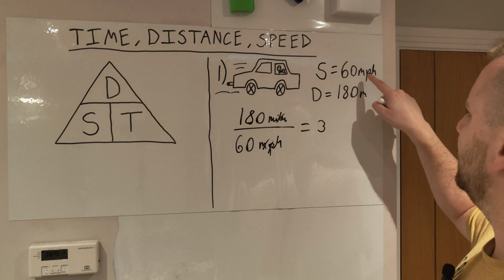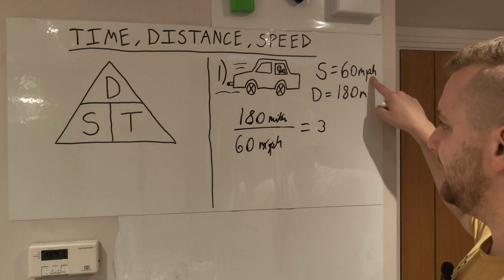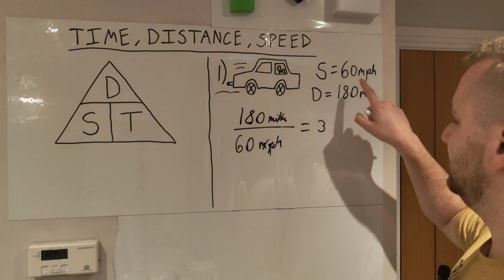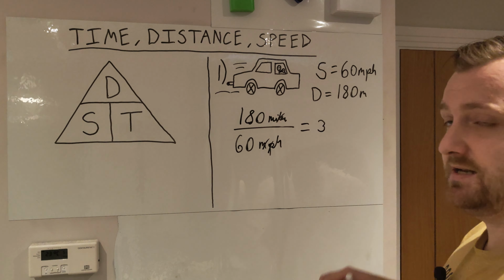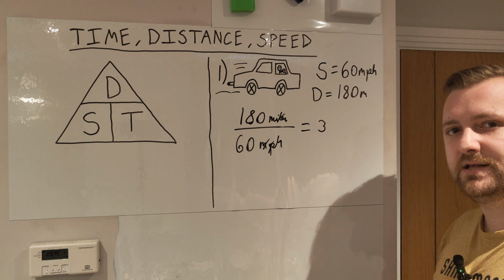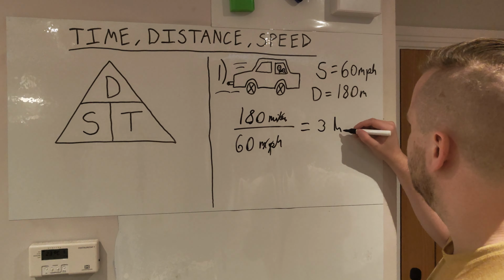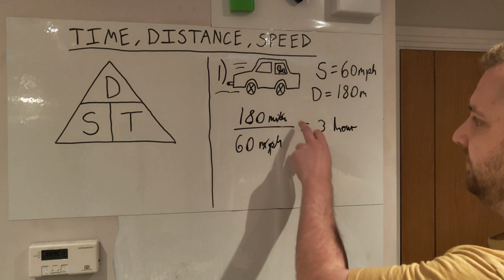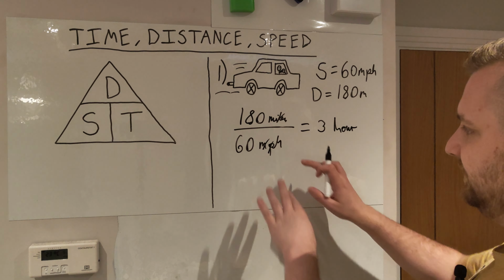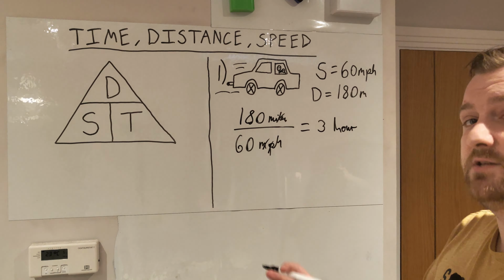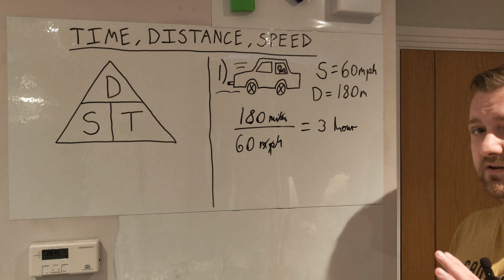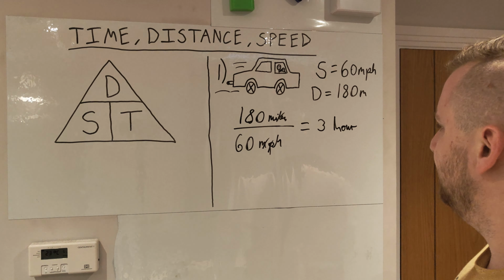It's kind of hard to explain, but you see you have per hour here, so when you're dividing these, it's going to be by the hour. That's the best way I can probably explain it. I feel like it's quite hard to explain how they would cancel out here and you're left with the hours, but that's the best way I've found online to explain it.